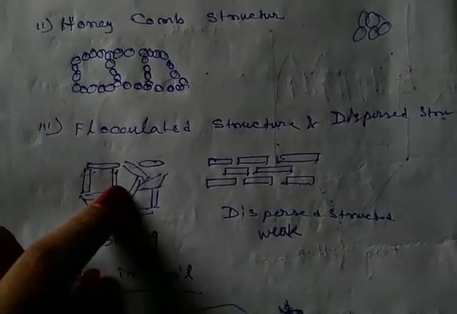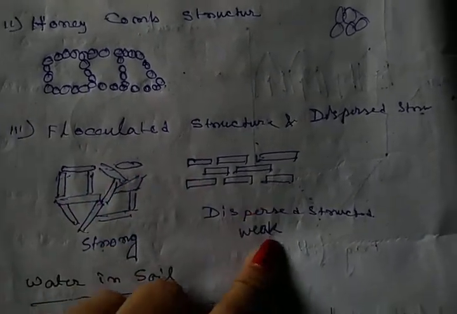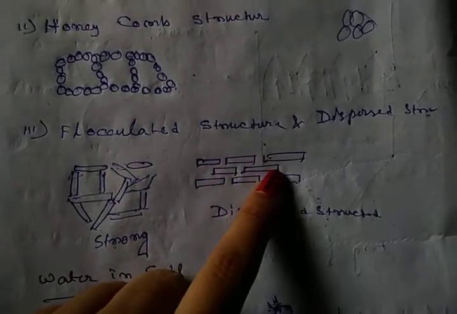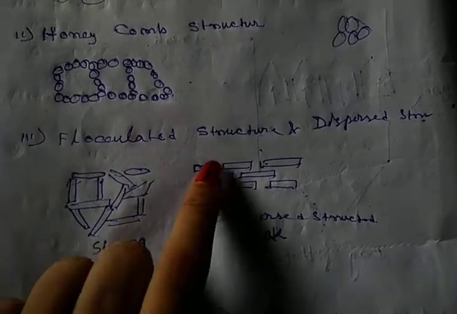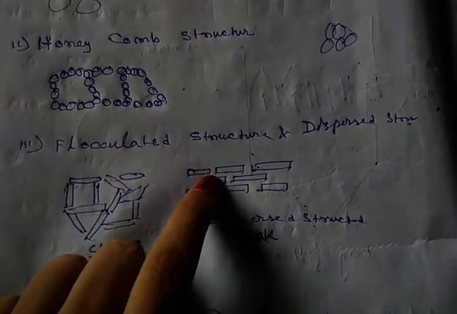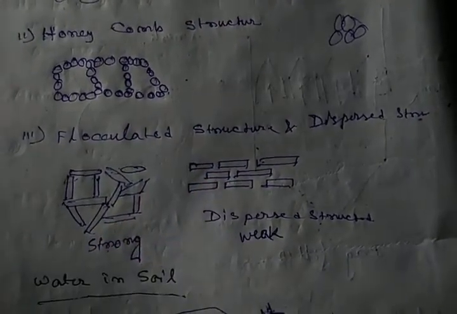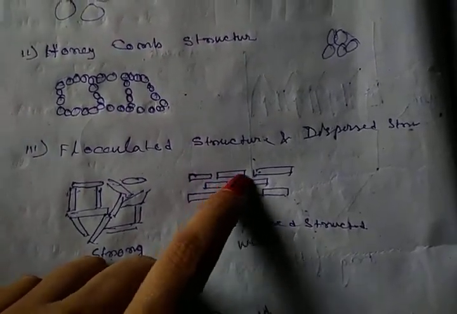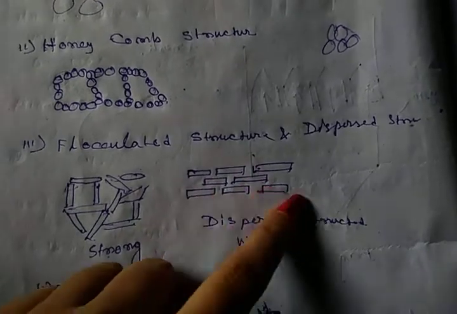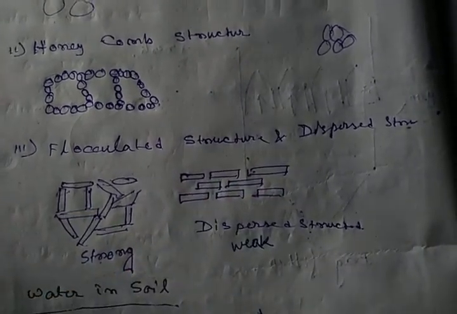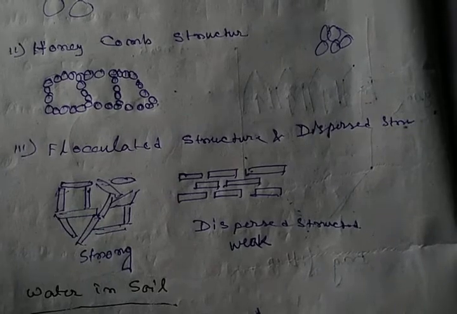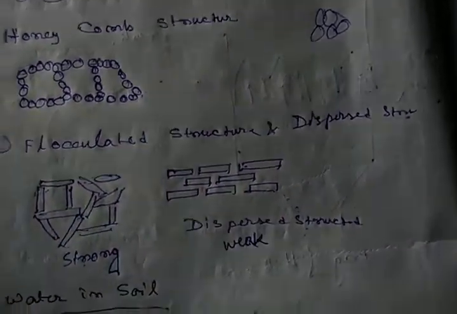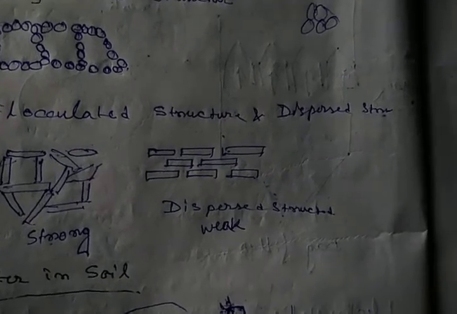And for the dispersed structure, there are flaky particles, but they have similar charges, and they cannot attract each other, so they maintain some distance and are arranged like this.